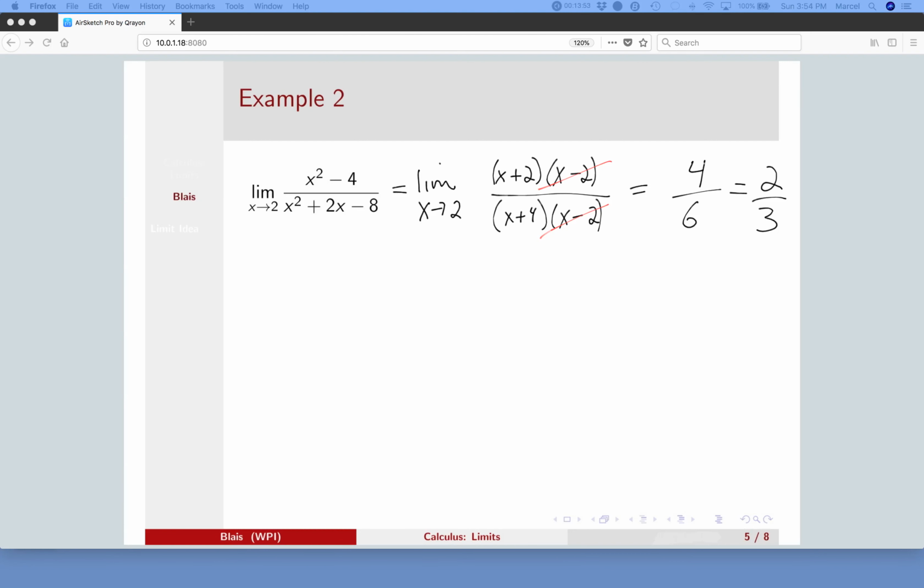We can take a look at this. We can look at the geometry and recognize the following. So if we plot this function, we have a vertical asymptote at x equals minus 4.